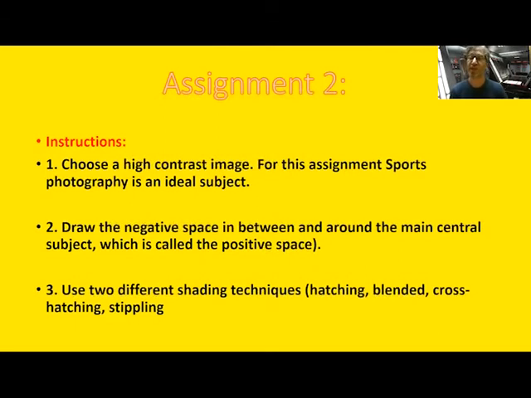You can use any kind of photograph you want, but it's going to be similar to the first exercise where the positive space is left blank and you're defining the positive space through the negative space. So you're drawing the background around the central subject instead of just drawing the contour or the outline of the central subject.